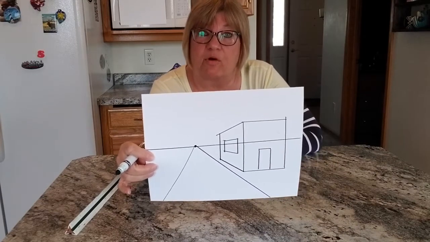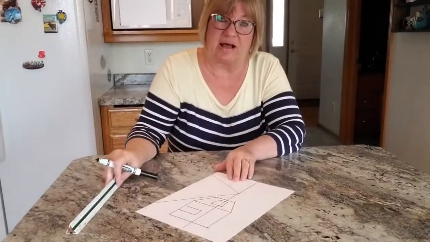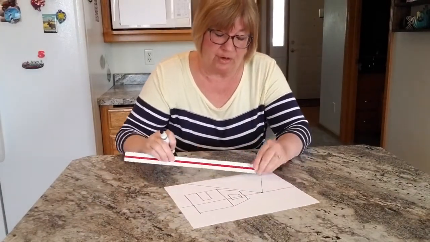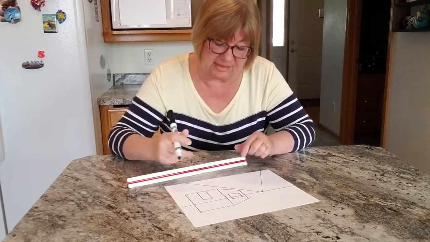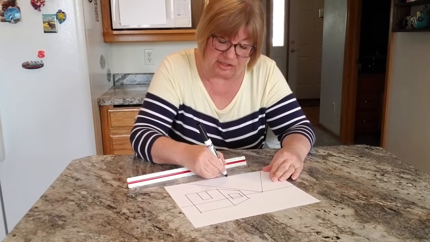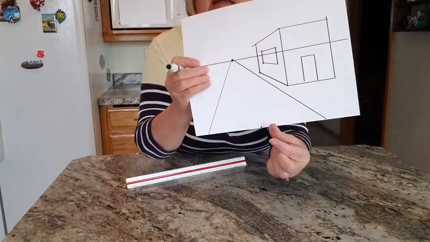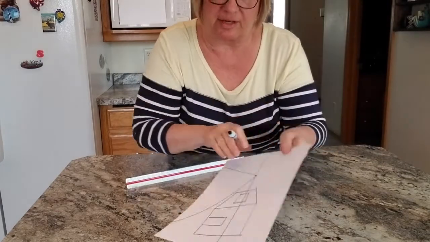Okay, we could put more details on this drawing. For example, on the road, we could see where the middle of it is and kind of decide. You can eye it or you can actually measure it out. I'm going to put a dot where I decide that the middle of the road is.